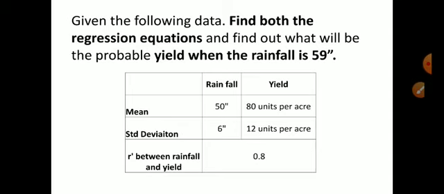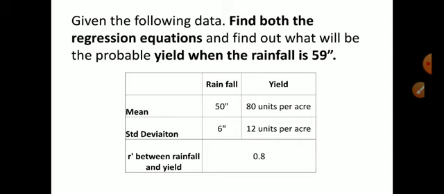Okay, what we have to do now? See here, first of all, we have to calculate the regression coefficients. Whenever the standard deviations are given, what is the formula? You remember, bxy, the regression coefficient x on y, is equal to r into sigma x by sigma y, and byx is nothing but r into sigma y by sigma x.